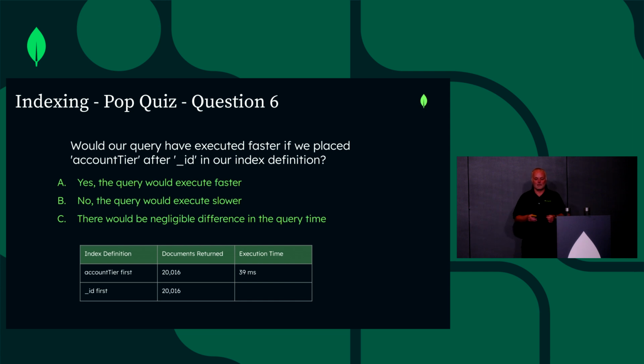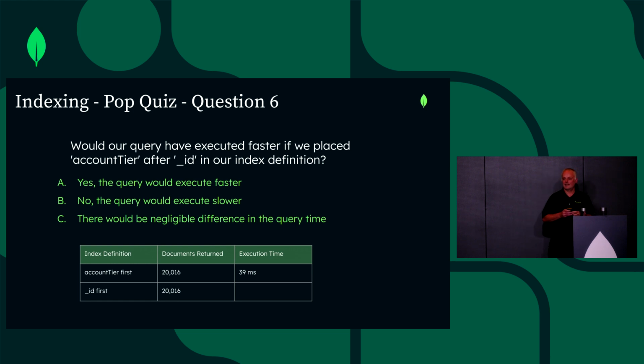Who thinks A, it would execute faster? B, it would be slower? Okay. C, it would be more or less the same? Okay, so it's about 50-50 between we'd slow it down and it would be more or less the same.